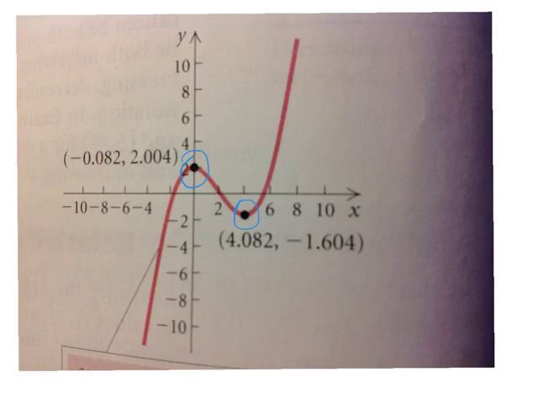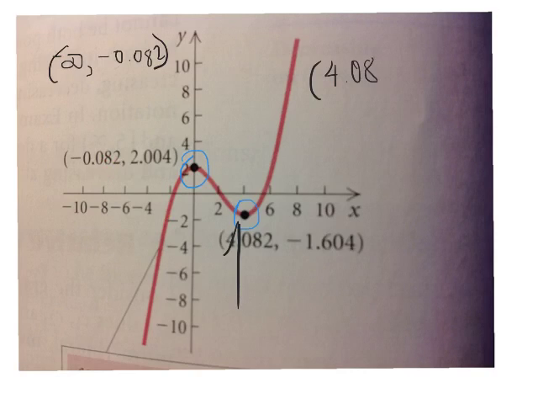So it's increasing on the interval, from negative infinity to negative 0.082, and again it's open. And it also increases from this point right here to infinity.